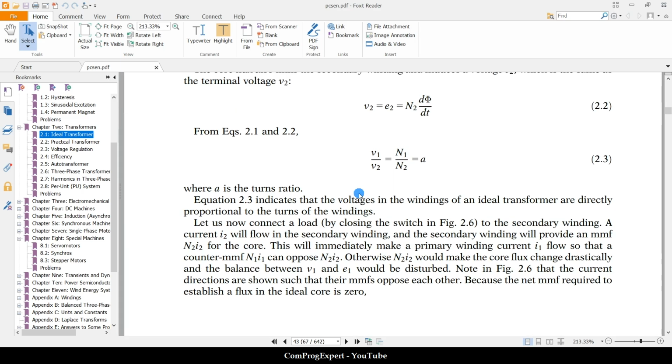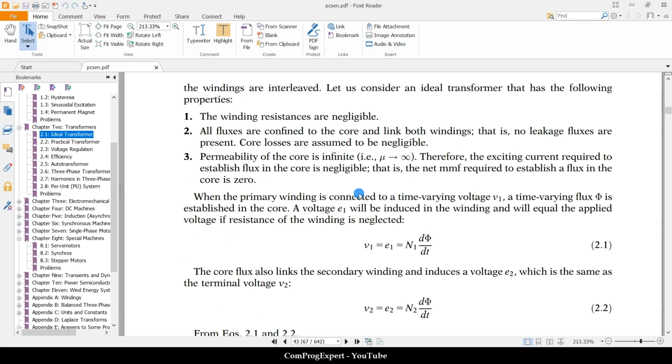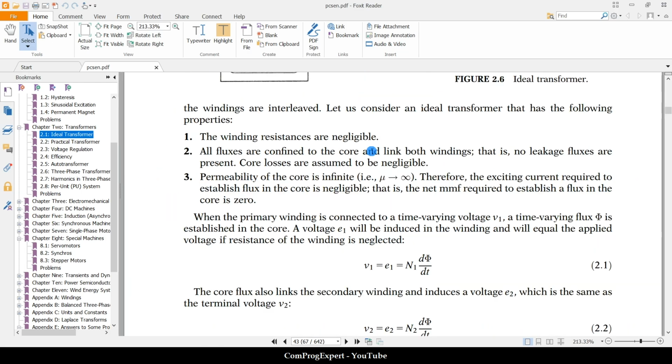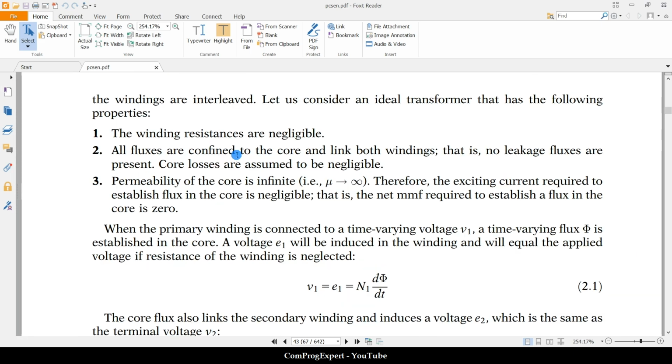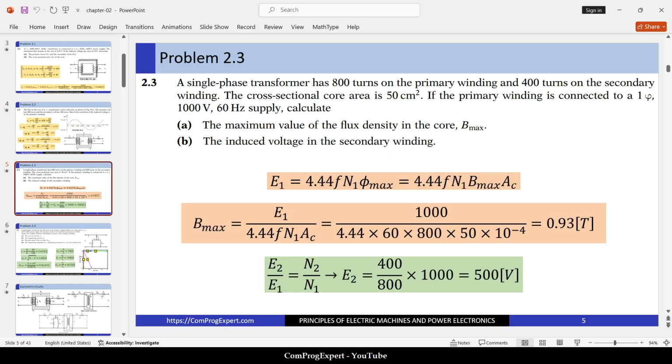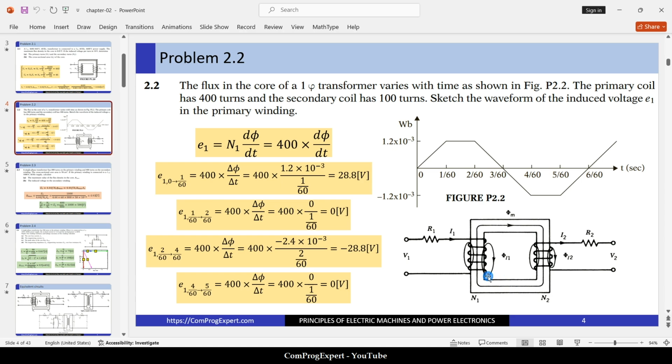So in the ideal transformer we have these assumptions. The winding resistances are negligible, and all fluxes are confined to the core and link both windings, so we don't have any leakage flux. In this figure, we have leakage flux for coil 1 and also leakage flux for coil 2.